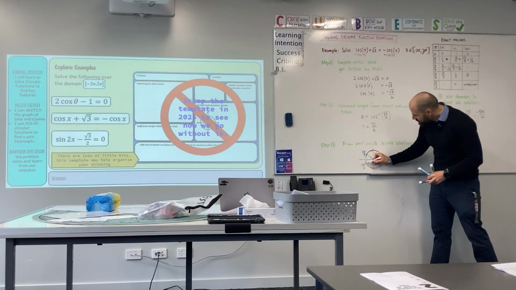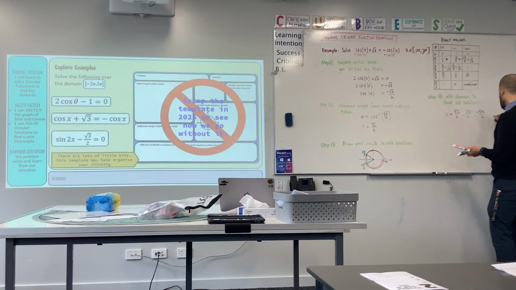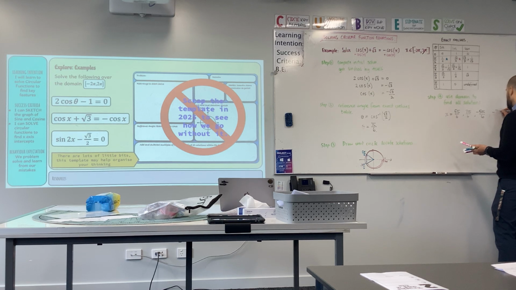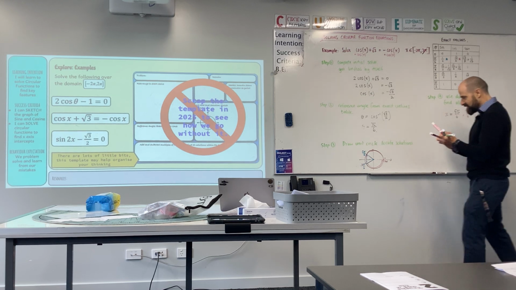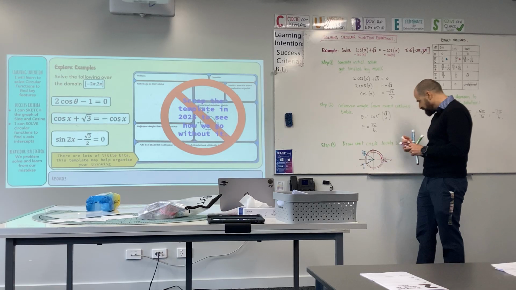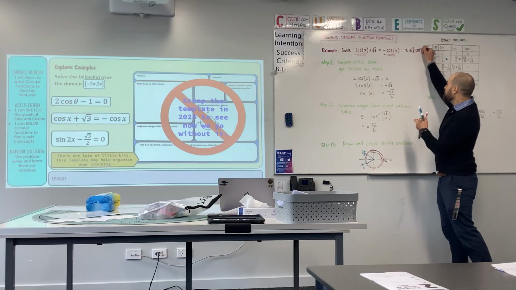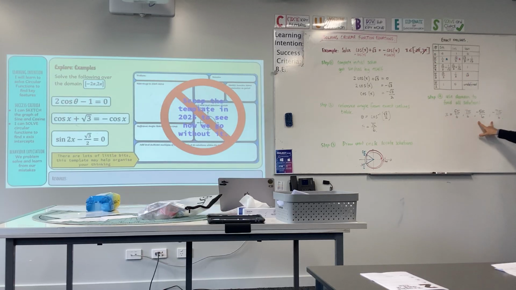And then I keep going around backwards, and I get to this one, and we get minus 7 pi on 6. And then I keep going around the unit circle, and I get to negative 2 pi, and I'm done. So I actually have 4 solutions.